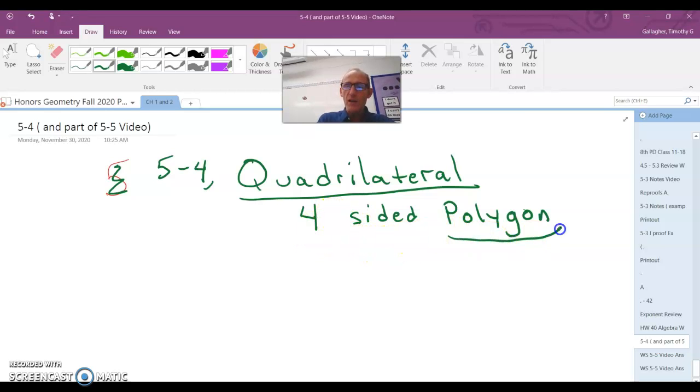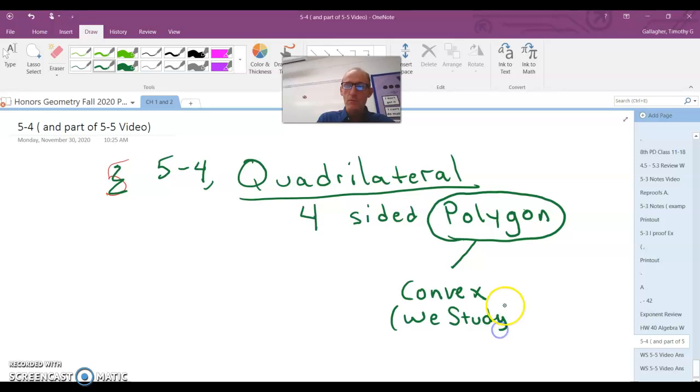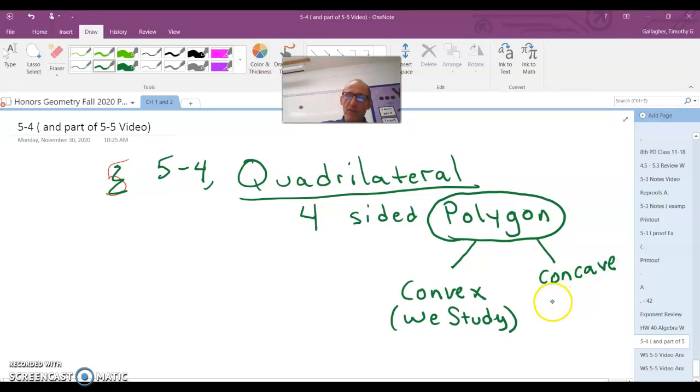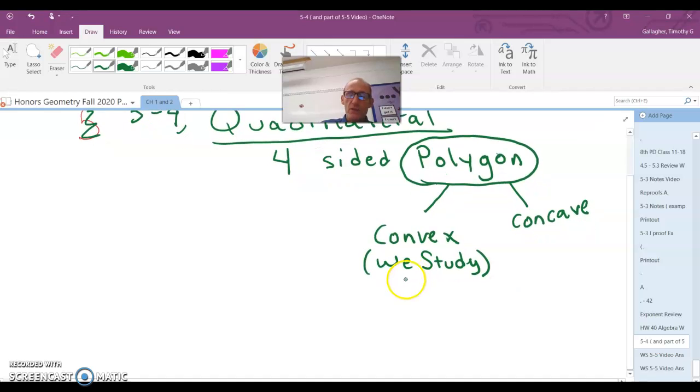Now, polygons are divided into 2 types. One is convex, which we study, and the other one is concave. We don't really talk too much about concave, but a convex polygon is something like this, where all the angles point out.